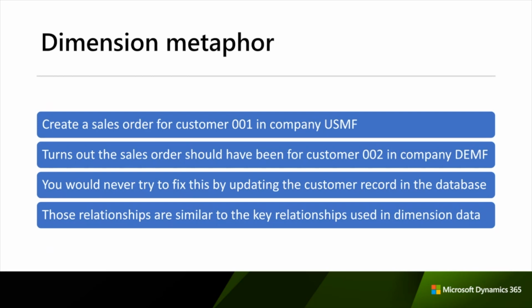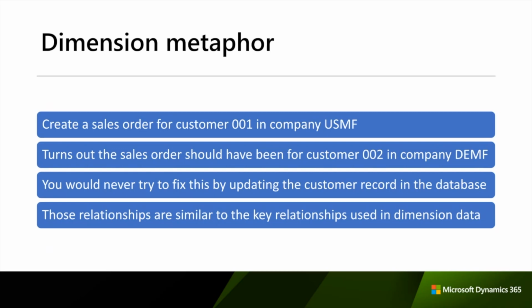So we have a metaphor for trying to change dimension data. If we create a sales order for customer 1 in company USMF and we post it, great. Then we find out after it's been posted that that sales order should have been for customer 2 in a different company, DEMF. We would never go into the database and try to change the customer record to fix the problem.